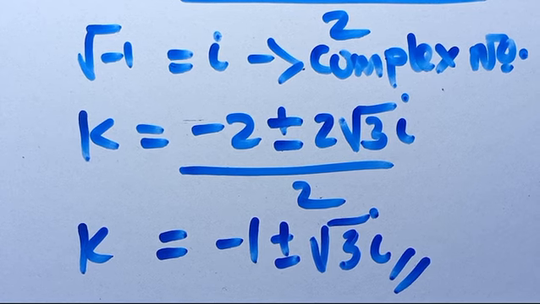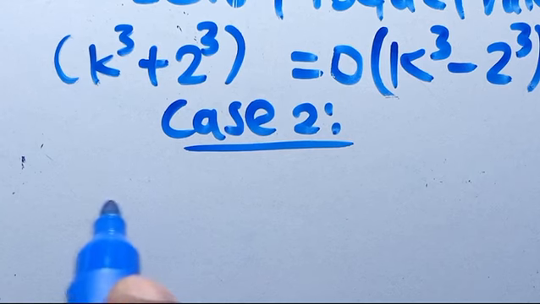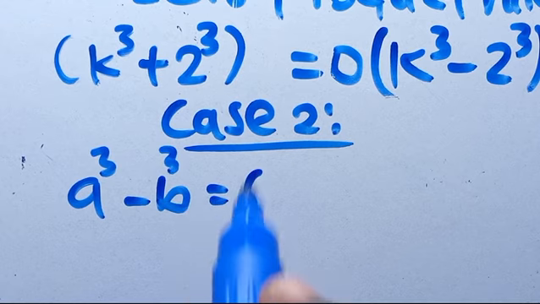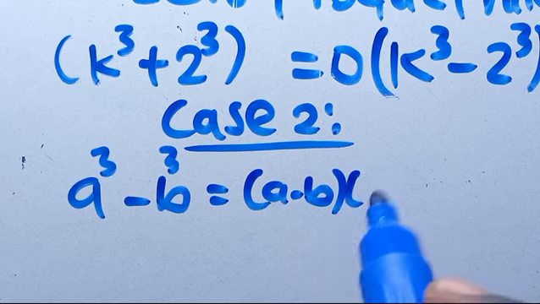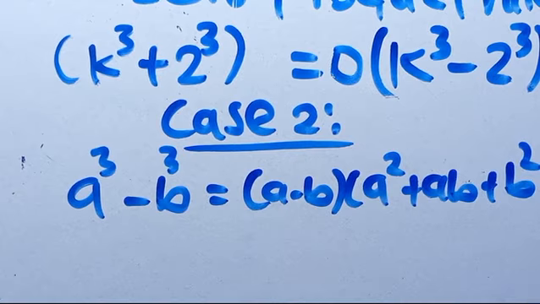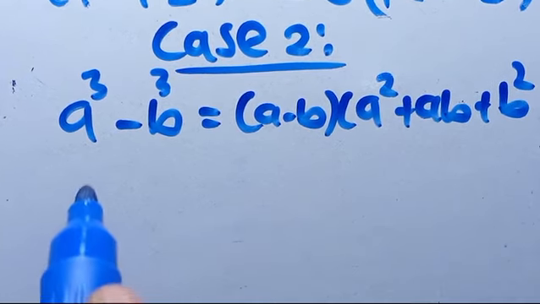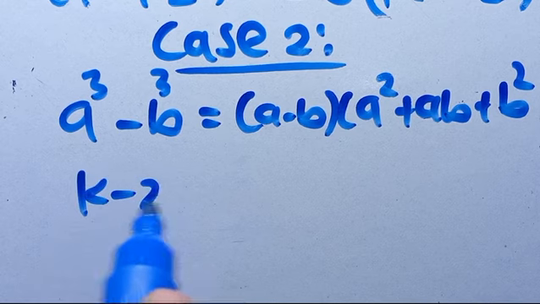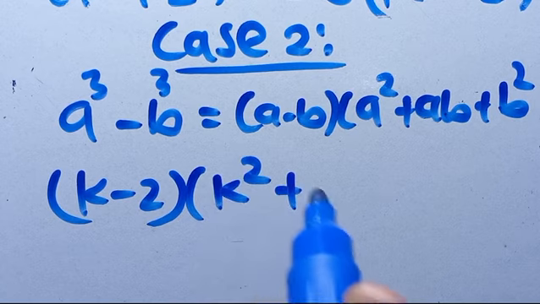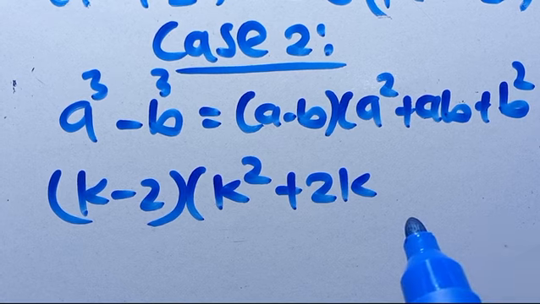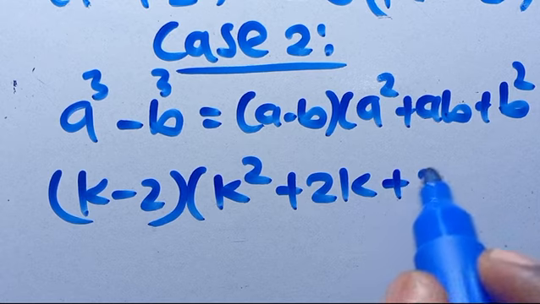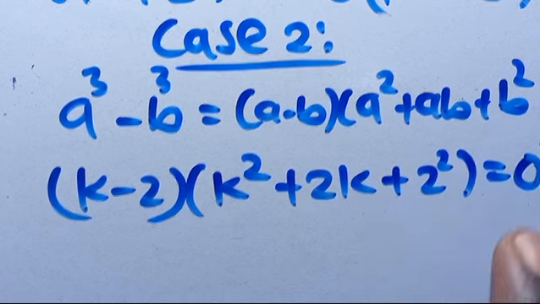Now going back to case 2. So our case 2 is a to the power of 3 minus b to the power of 3, which will be equal to a minus b, all in parentheses, times a square plus ab plus b square. So from here we are going to have k minus 2 times k square plus 2k plus 2 square equals 0.